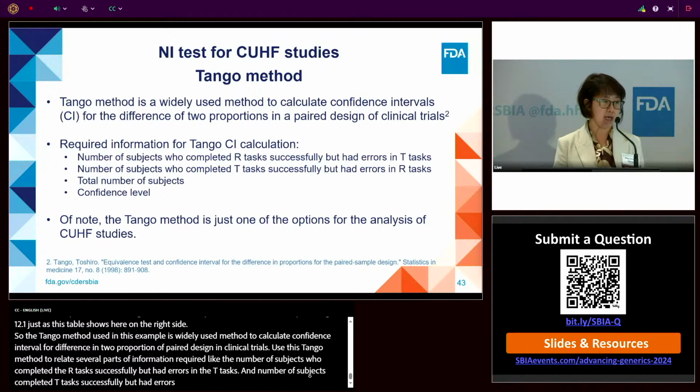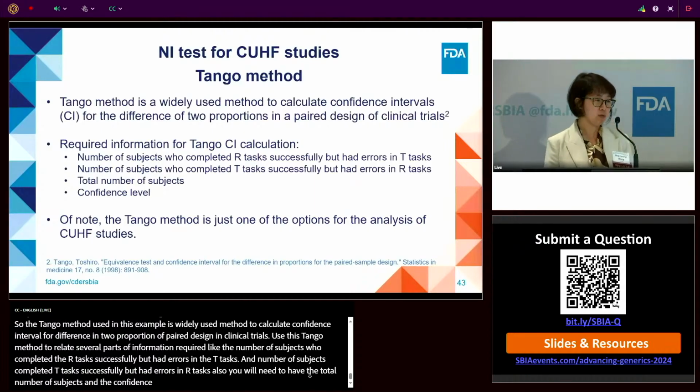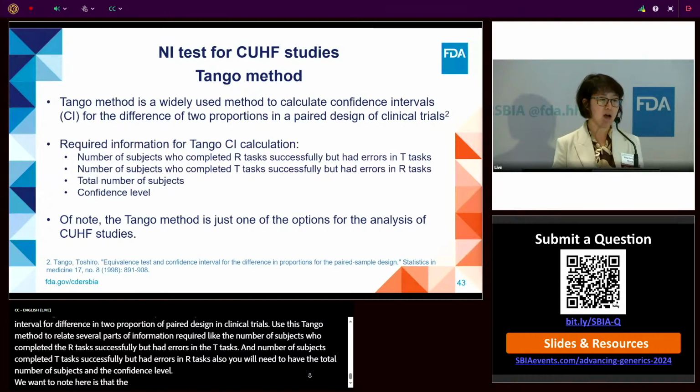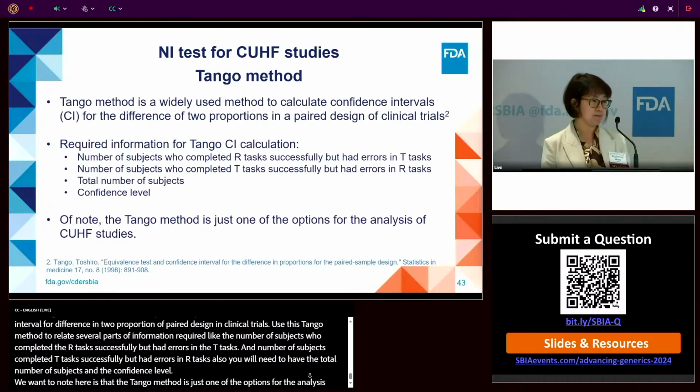Also, you will need the total number of subjects and the confidence level. We want to note here that the Tango method is just one of the options for the analysis of the human factor studies.